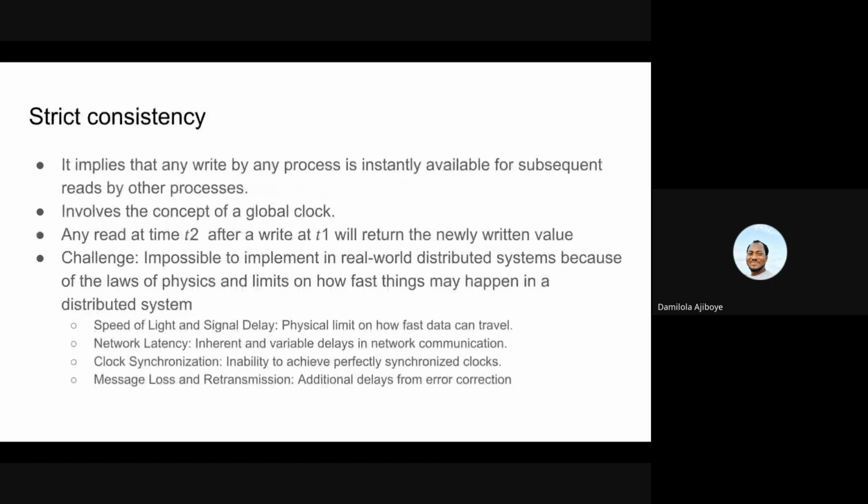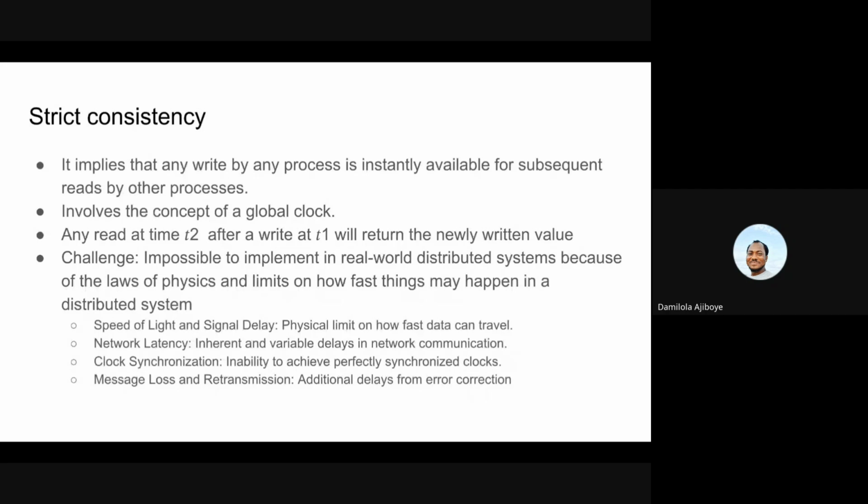Yeah, so let's look at one. The first one is strict consistency. As the name implies, it's the most extreme one. It implies that any write by any process should be instantly available for subsequent reads by other processes.